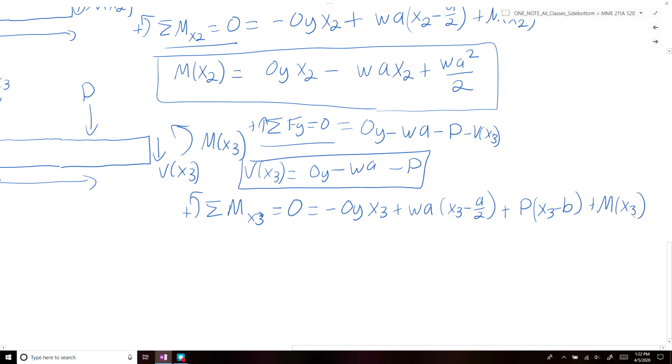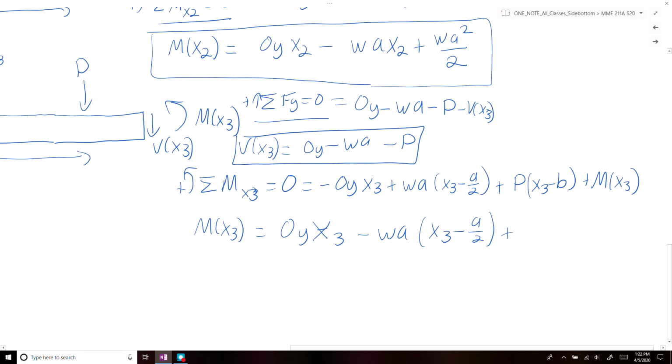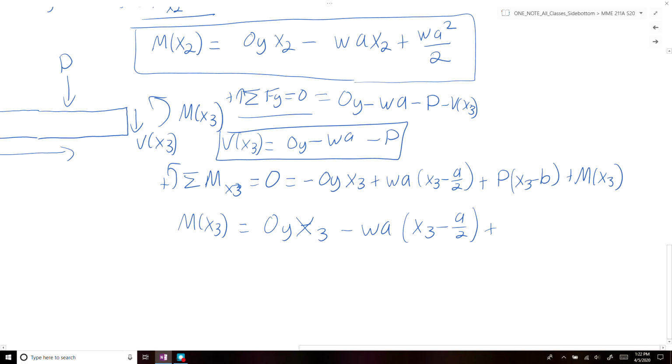So if we solve for M of x3, we'll get O of y times x3 minus WA times x3 minus A over 2 minus P times x3 minus B.